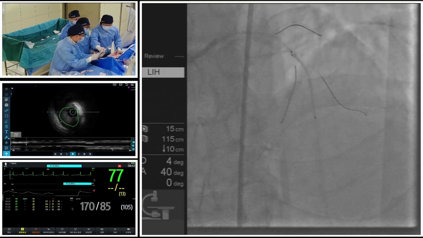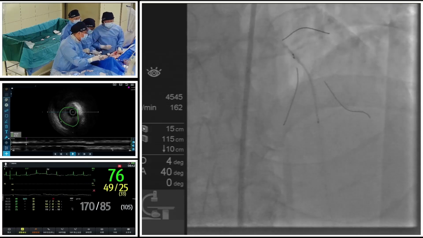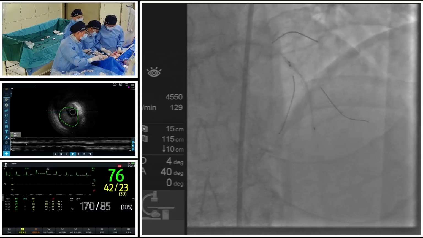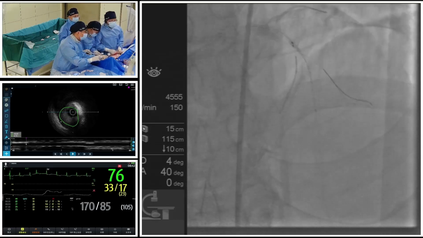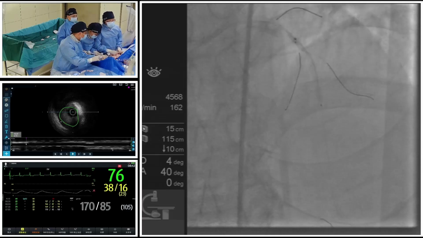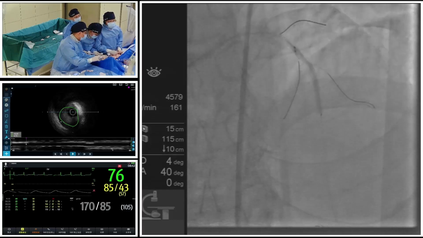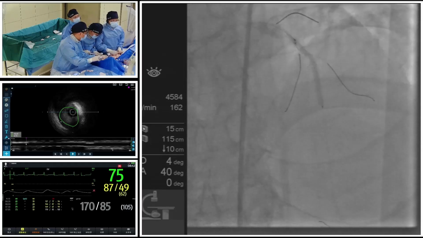And also, if you are opening the jailed balloon at the same time as opening the stent, like this one the professor is demonstrating, it can maintain the carina in the middle part of the bifurcation site, especially the POC area.